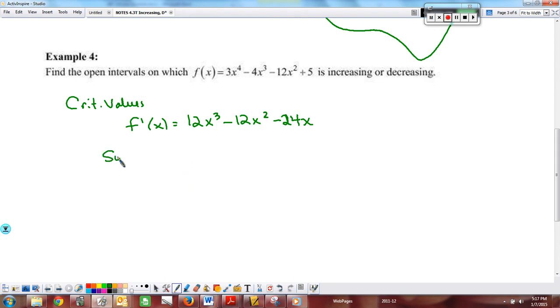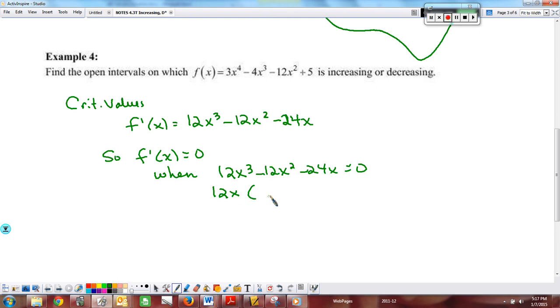We're going to say that our first critical values are going to occur when f prime of x equals 0. And that's going to occur when 12x cubed minus 12x squared minus 24x equals 0. Let's factor out our GCF. So I have 12x times x squared minus x minus 2 equal to 0.